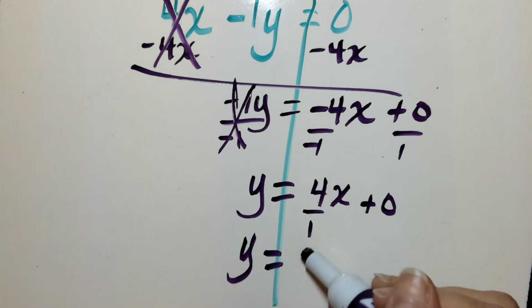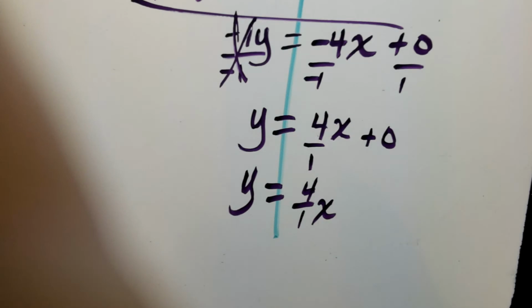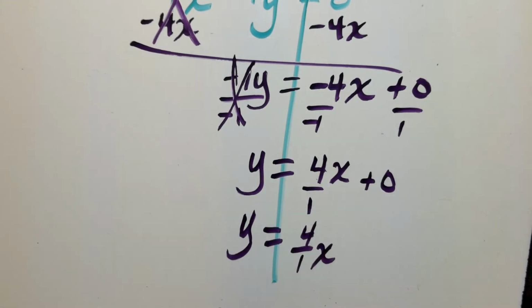Those cancel. Y is alone and happy now. Negative 4 divided by negative 1. Negative divided by negative is positive. So that's 4x, which is really 4/1. That's your slope. Plus a 0 divided by 1. Well, you guys, 0 divided by anything is 0.